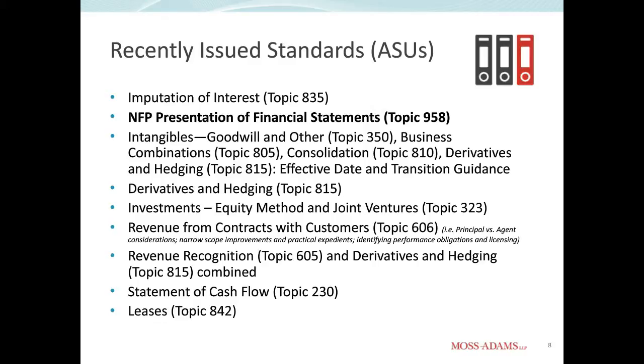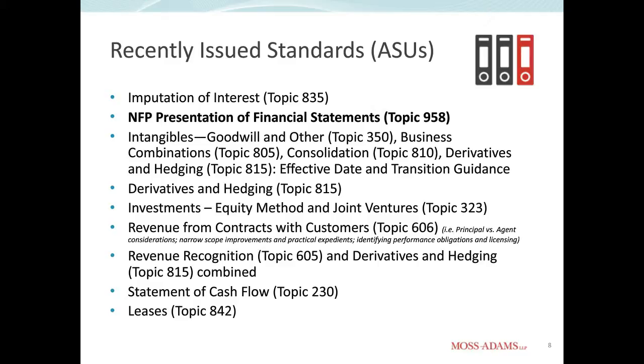In the past, those debt issuance costs have been shown as an asset and amortized over the life of that debt issuance, and under the new standard, those debt issuance costs will be shown as a deduction from the carrying amount of that debt. So very consistent with what we see with discounts related to the debt.